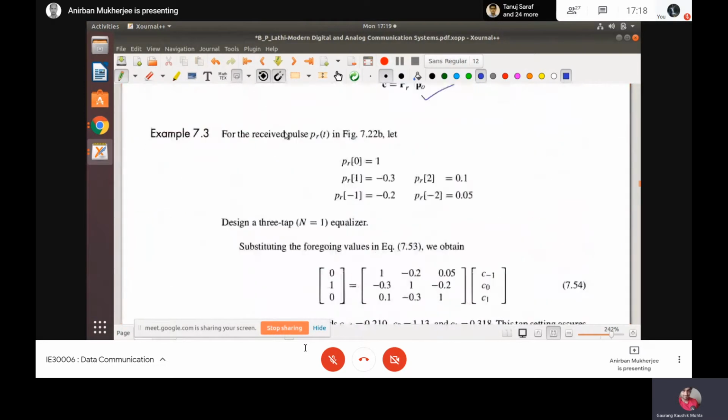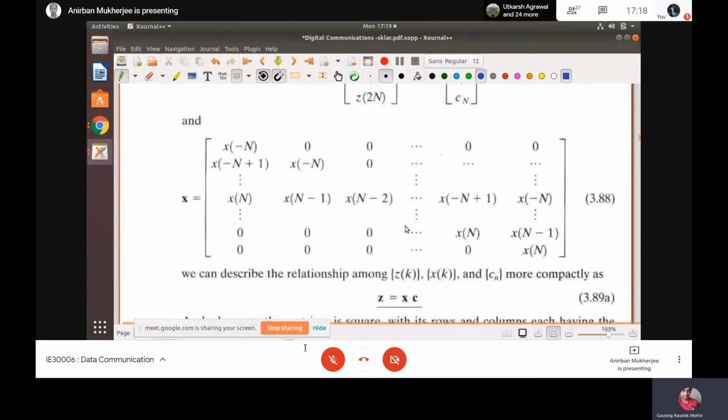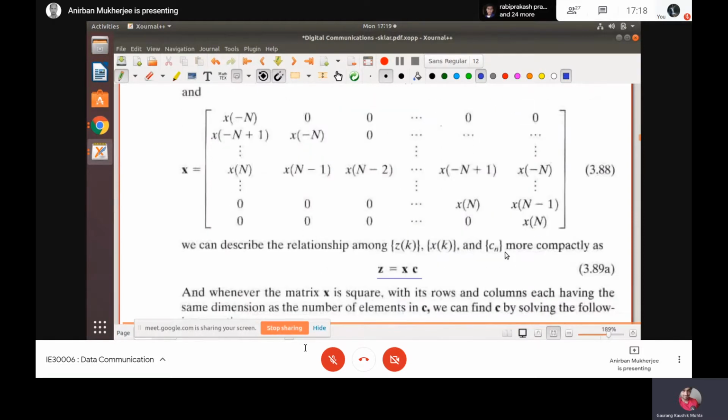If I check it, Z on the left side is 4n plus 1, and this is your 2n plus 1. This is a rectangular matrix, 4n plus 1 cross 2n plus 1.